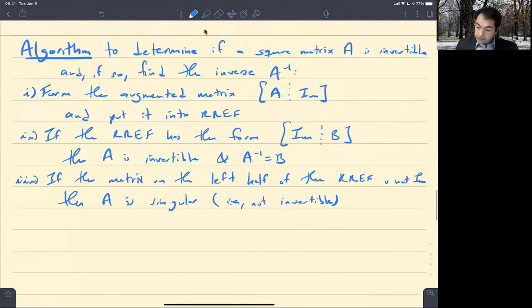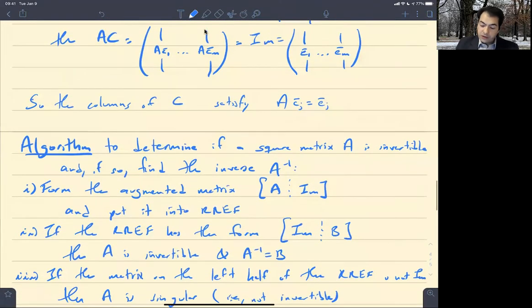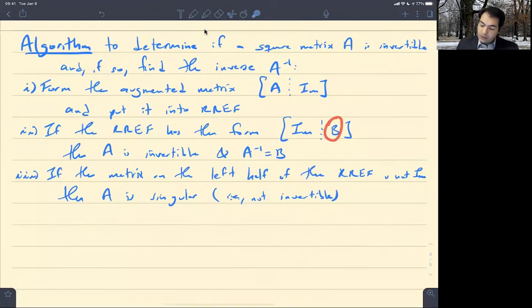Okay, and the proof that this works is exactly this observation we made above about how finding the inverse of A means solving these systems of linear equations. And here, all we're doing is solving them all at the same time, because the row operations that you have to do on A, you have to do regardless of how you augment it, right? So you might as well do them all at the same time. And when you do, you end up with the inverse if you ended up with the identity on the left.